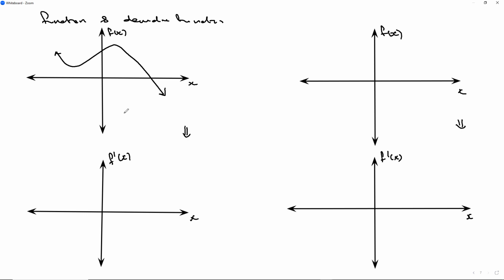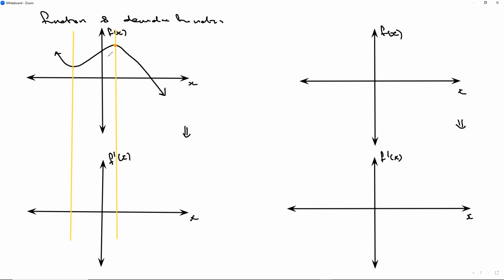I want to sketch the derivative of this function. The first thing I need to note is the following, which is the turning points. Those turning points over there, I'm going to draw a line straight through it, and there's another turning point over there, I'm going to draw a line straight through it over there. Those turning points have a derivative equal to 0.